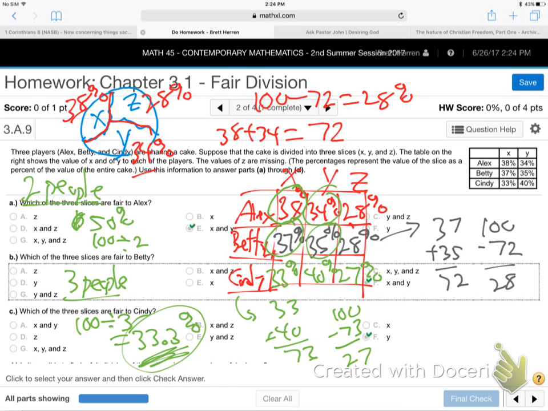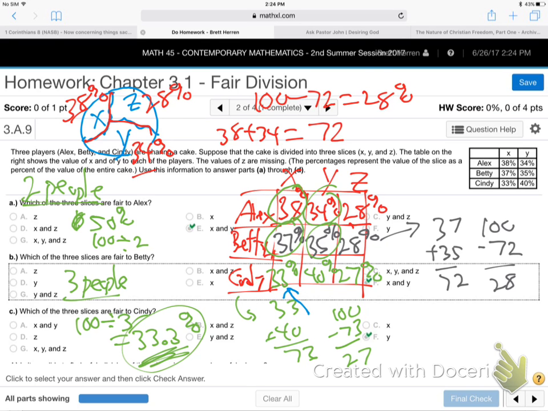And then Cindy. Does Cindy like piece X? Close, but no. She would feel she was slightly gypped, not technically a fair division. 33.3 or better.